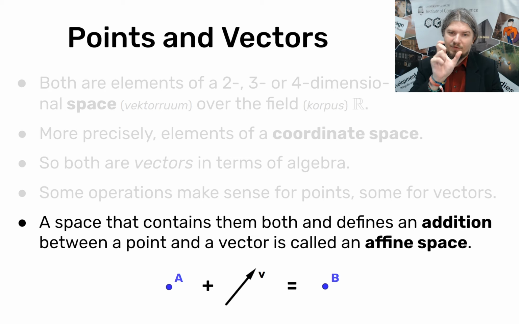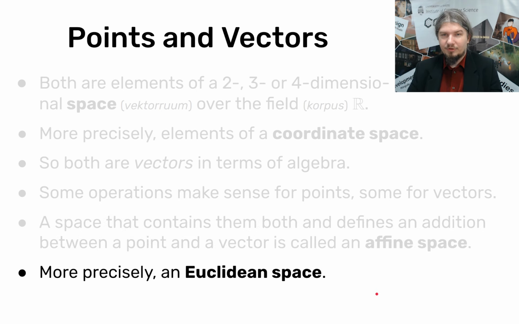You add the direction vector to your location and you get to another location. So A plus a vector v is this point B, or takes you from A to B. And this is actually your everyday Euclidean space. There's no non-Euclidean trickery here yet. So more precisely, we could call this a Euclidean space.